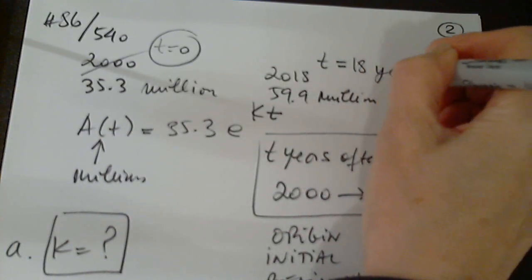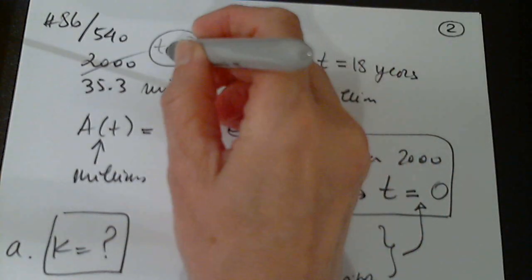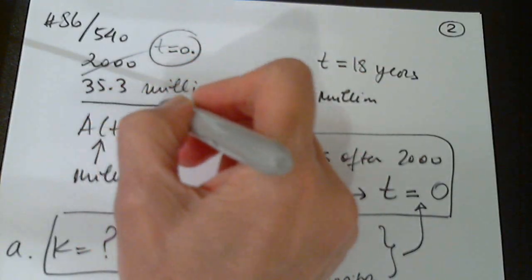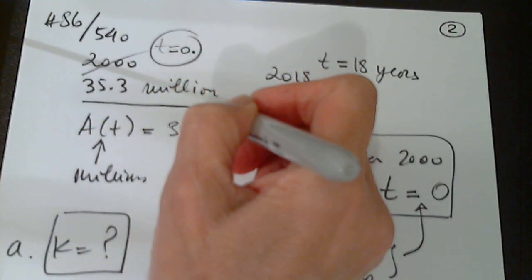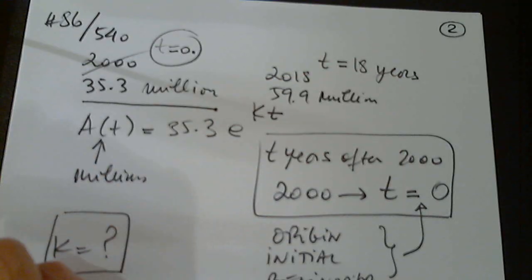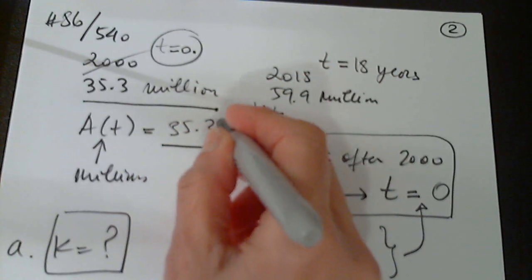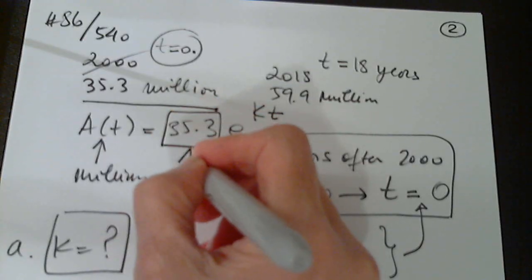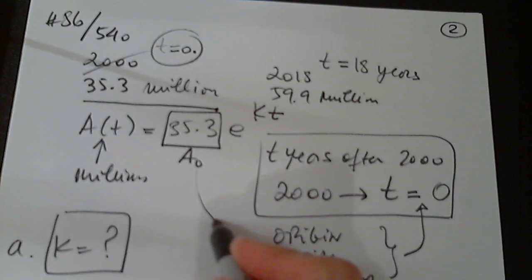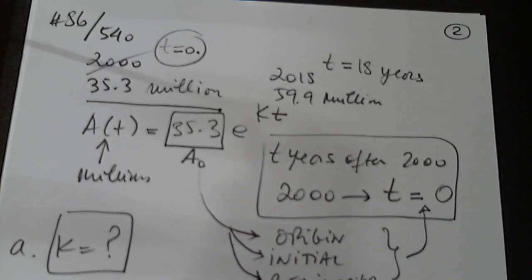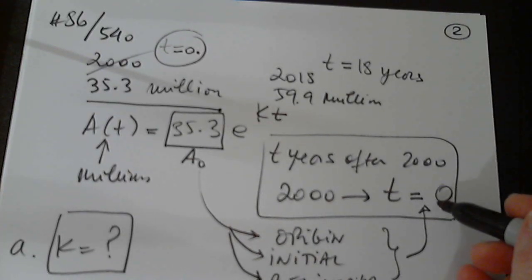18 years. Perfect. So when we know that t equals 0 is associated to 35.3 million, what does that mean? It means this is the original amount, initial amount, or beginning in the model, because they're all associated with t equals 0.